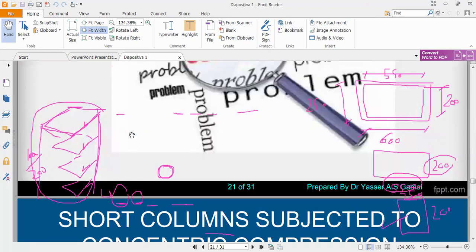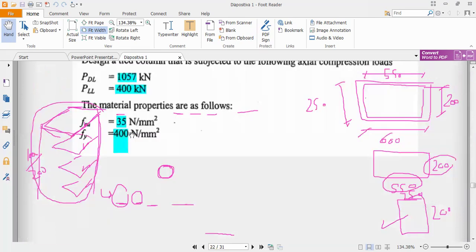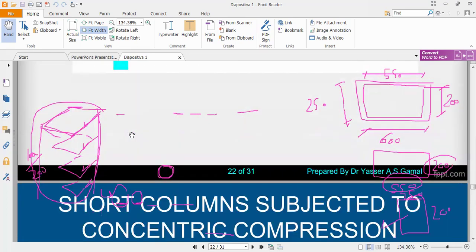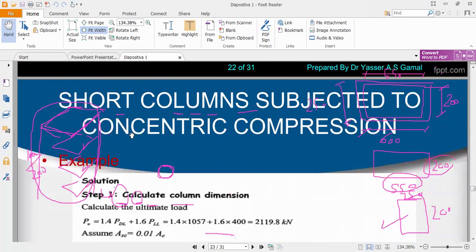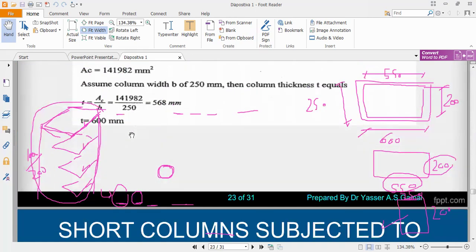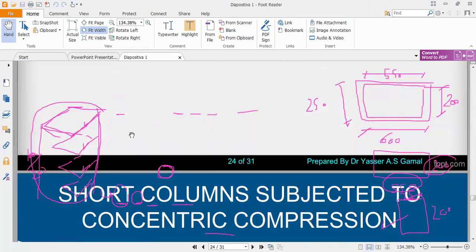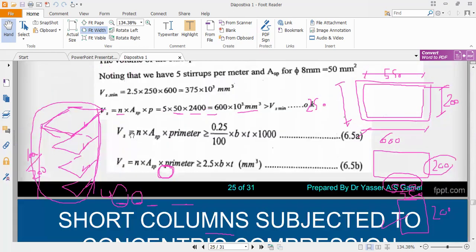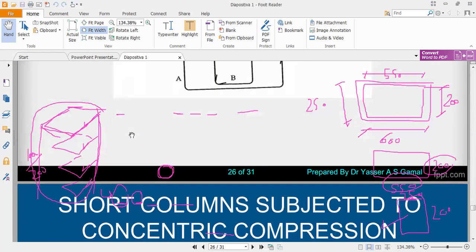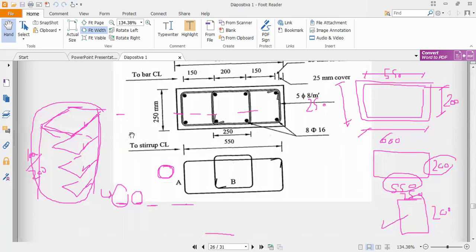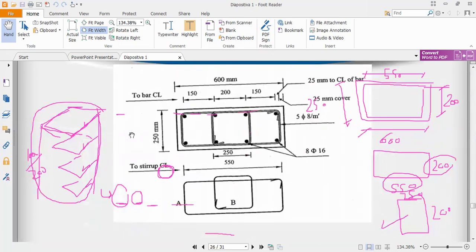Doctor, please go back to the drawing. Here is A steel, each with a diameter of 16 millimeters. Can you read it, please? You ask about this slide?